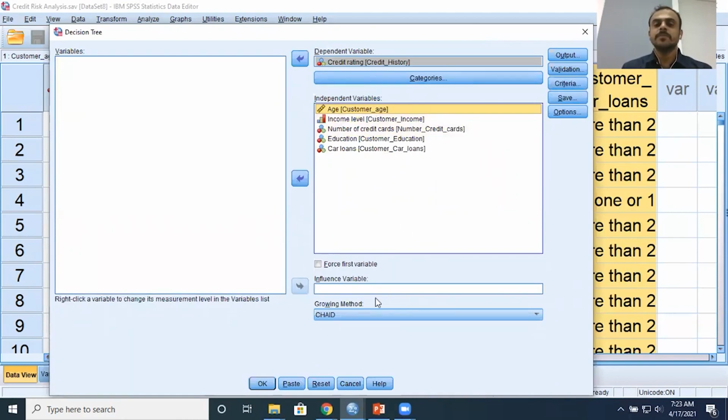That is the entire purpose behind doing a decision tree. Remember, I have not split the data set as training and testing, which is the conventional machine learning way of doing it. I just want to give you a high level perspective about how a decision tree operates. So I'm just running this analysis on the entire data set.